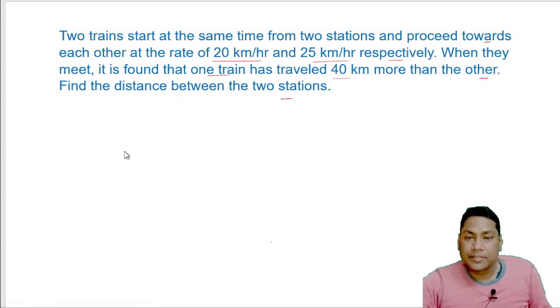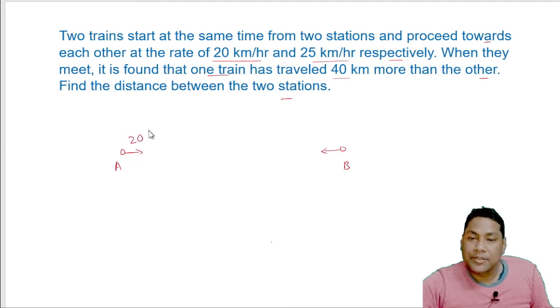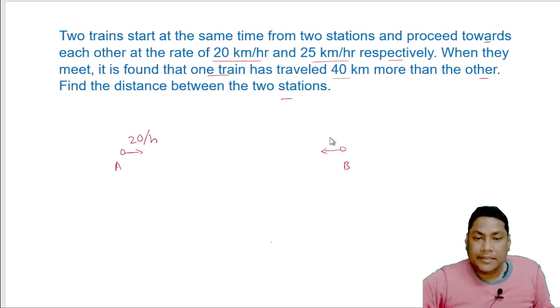In the question they have given two stations. Let us assume station A and station B. From station A, one train is moving towards station B, and from station B, one train is moving towards station A. Let us take this train moving at a speed of 20 km per hour and this one at 25 km per hour.